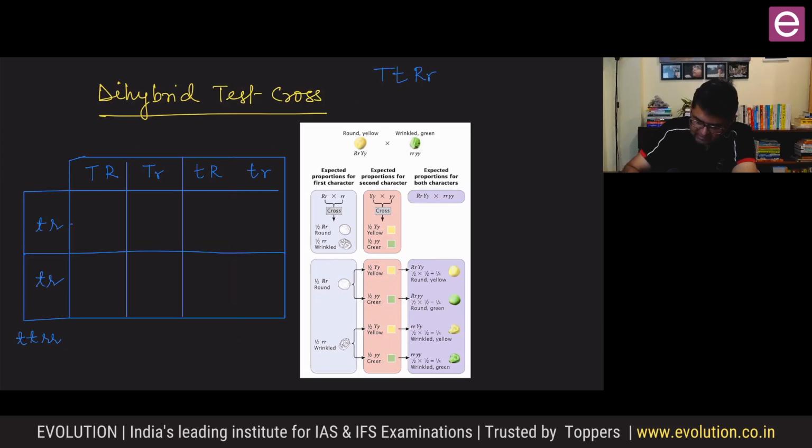So this is T T, R R, dominant recessive for both. This is again dominant recessive, recessive recessive. This is recessive recessive, dominant recessive, and this is all recessive. And this is going to be a copy of this, so forget that. This should not have been drawn in the first place.